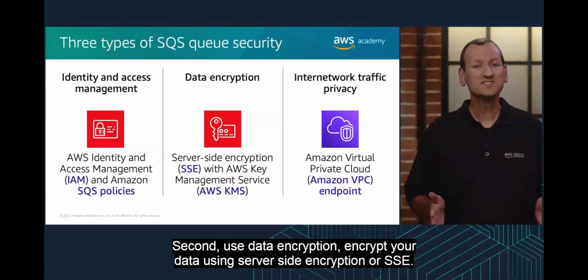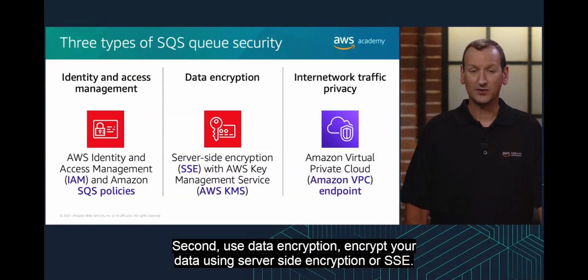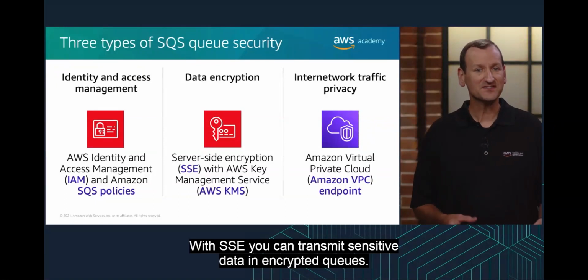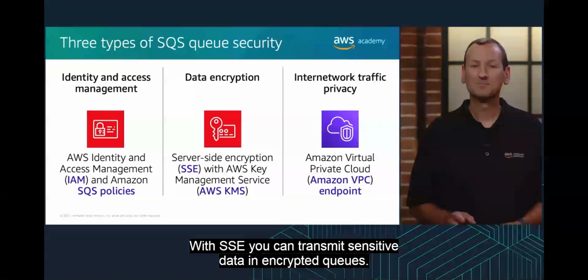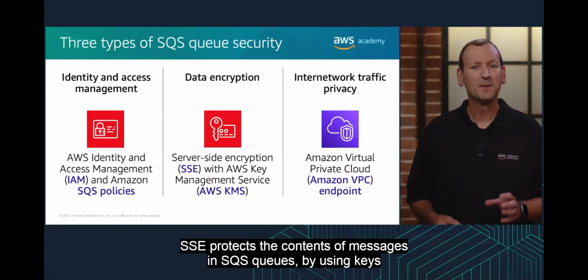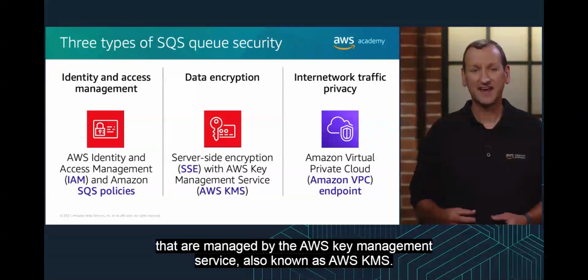Second, use data encryption. Encrypt your data using server-side encryption, or SSE. With SSE, you can transmit sensitive data in encrypted queues. SSE protects the contents of messages in SQS queues by using keys that are managed by the AWS Key Management Service, also known as AWS KMS.